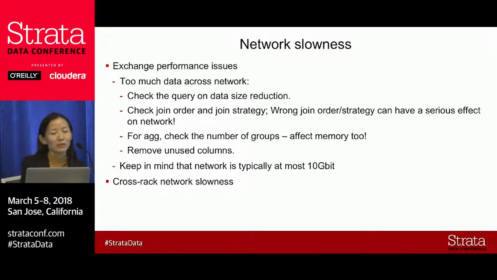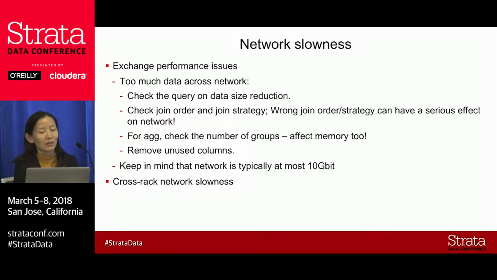So network slowness can be caused by different reasons. The most common one is if you don't have stats and then the planner chooses the wrong plan, like broadcasting a large table or a wrong join order, putting the large table on the right side, all those kinds of cases. And similarly, a large number of group by keys. And in your query, if you are not careful enough and you simply put select star there, then it will send the whole row instead of just the columns you need.